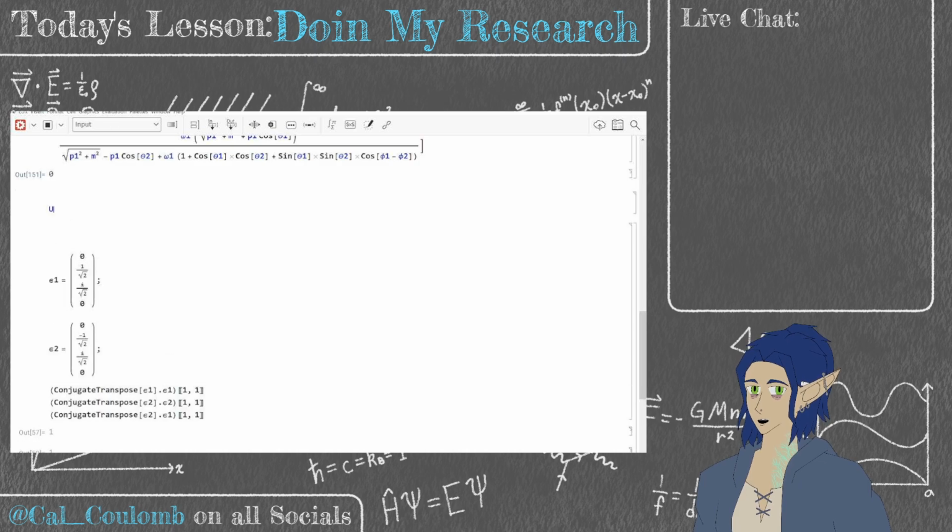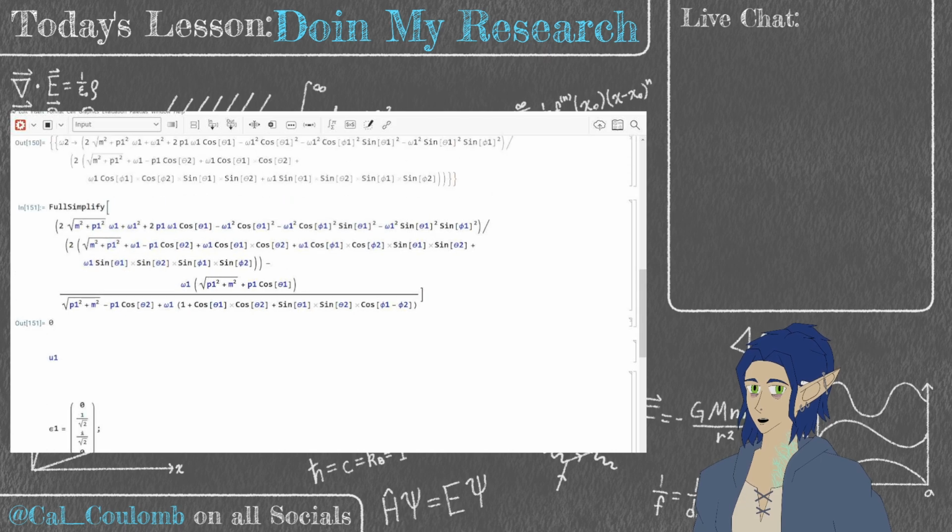So we need a spinor coming in for the P1 momentum state, so maybe I'll call that U1. Yeah, I'll call that U1. So this is a spinor that's coming in.